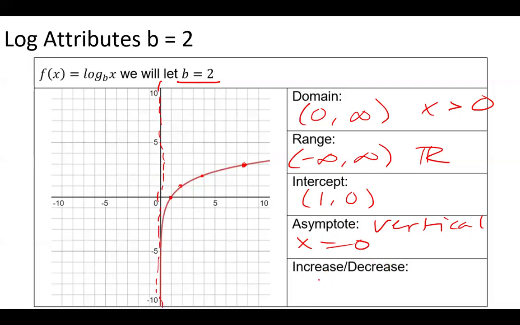Okay, this is a positive log function, so therefore it is increasing. And when we are increasing, we're going to write it in terms of increasing. So we know that it is increasing, meaning as x goes to positive infinity, f of x is also going to positive infinity.